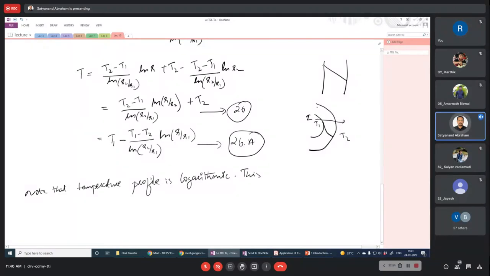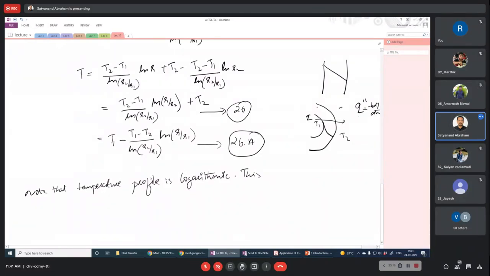Since the cross-sectional area is increasing, the heat is going to be constant, but the heat flux is varying. And we know that heat flux q'' is equal to minus K dT by dx, so we can see that heat flux needs to vary.